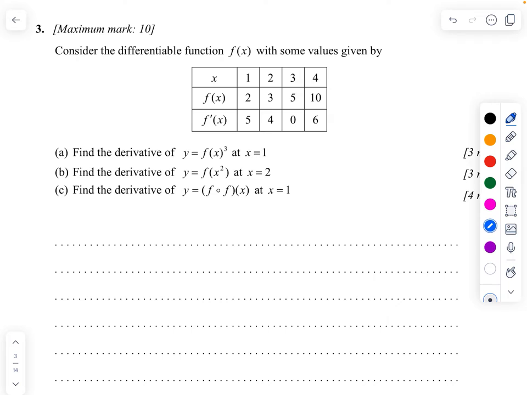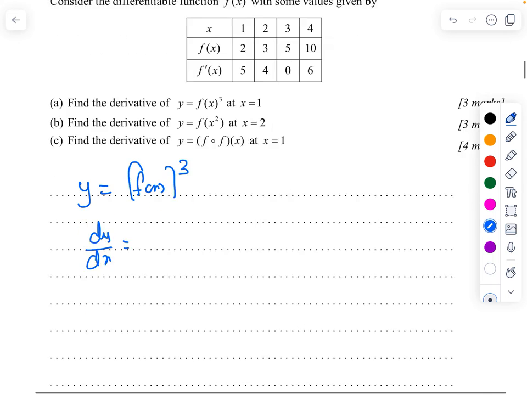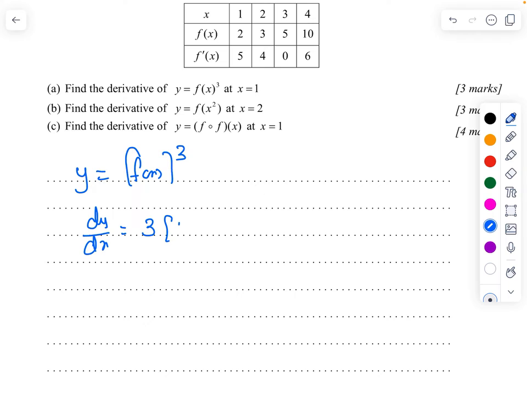Question number 3. y equals f of x the whole cube. So what will be dy by dx? dy by dx will become 3 times f of x the whole squared, times f prime x.